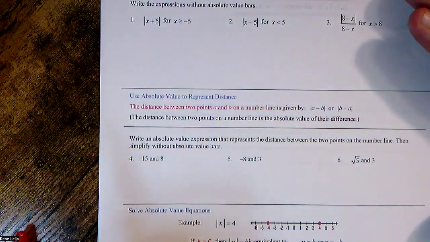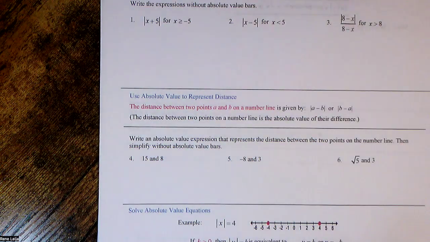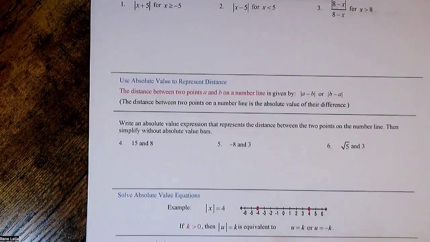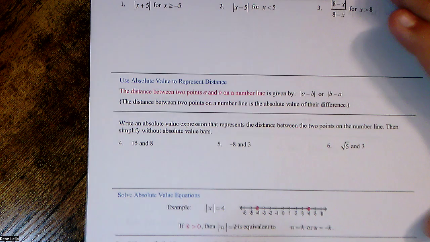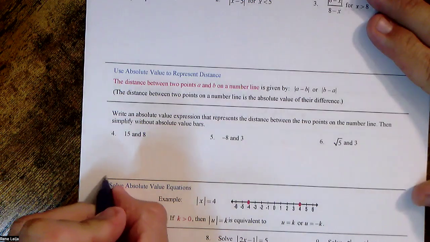Now, really what we focus on is we usually say the definition of an absolute value is the distance measured from zero. Okay, so let me write that up here.